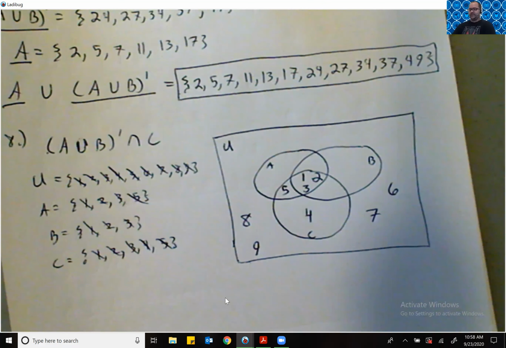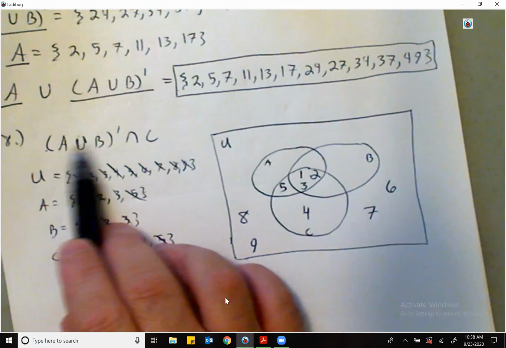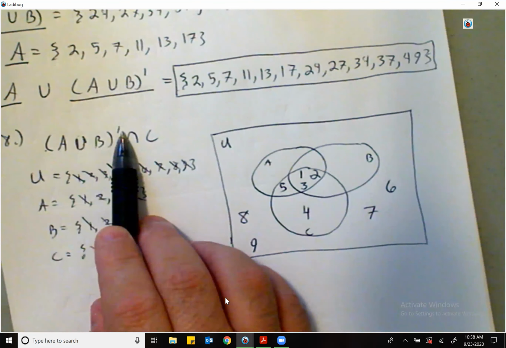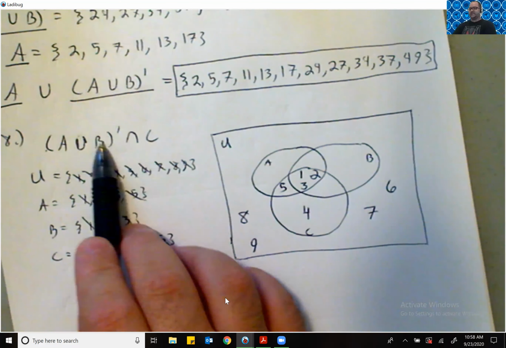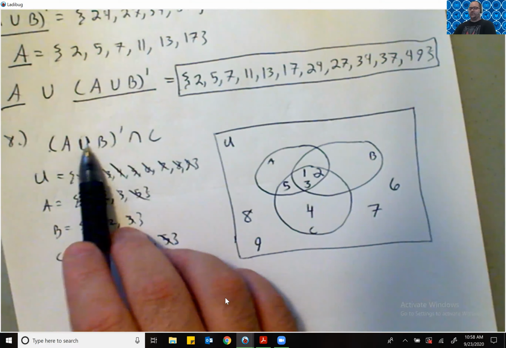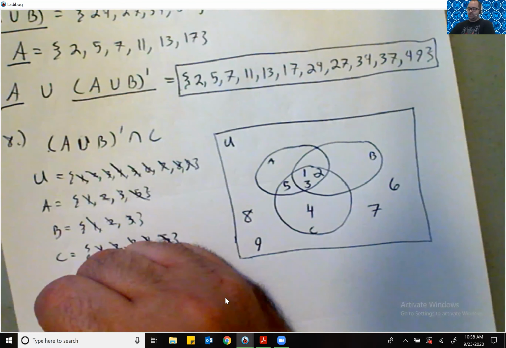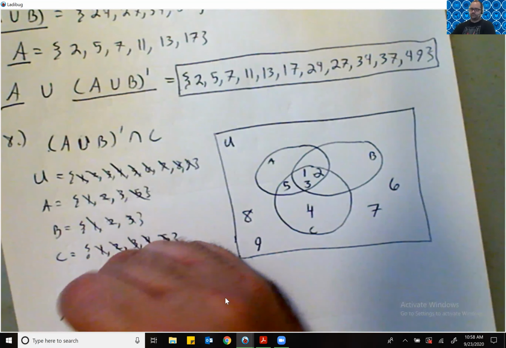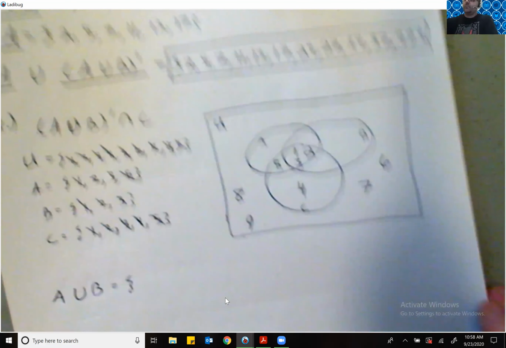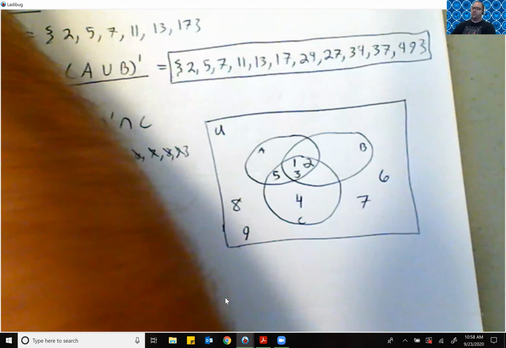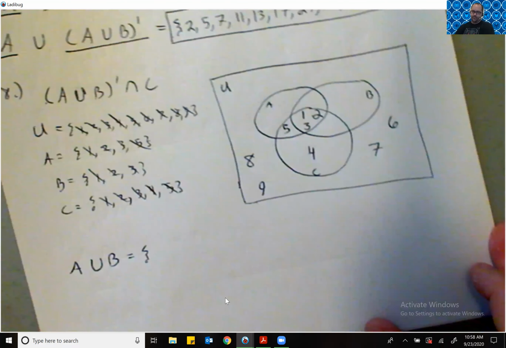Yes, but that's outside, not inside. So then we take care of the union. So we need to know what is A union B.